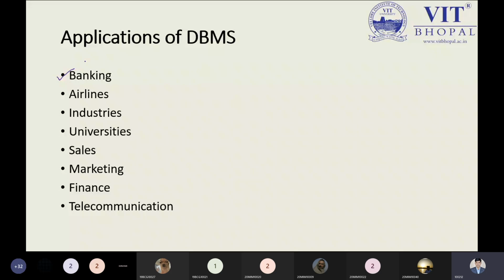Now, lots of industries are available where databases are used. Universities, BTOP is our best example. Selling the product: from the last 10 years of selling data, I can easily identify whether this product should be launched next year or not, because it is not a very sellable product. With the help of such a database, we can filter the information.